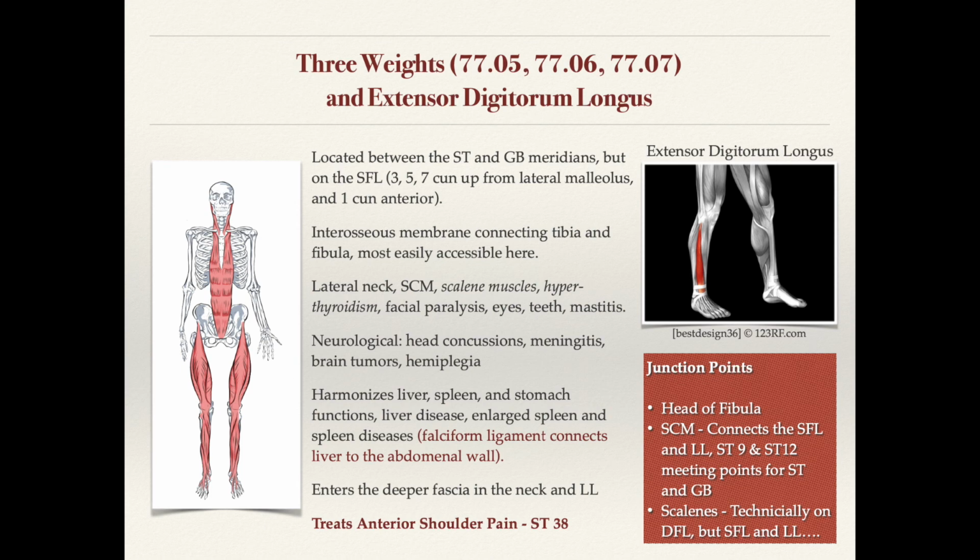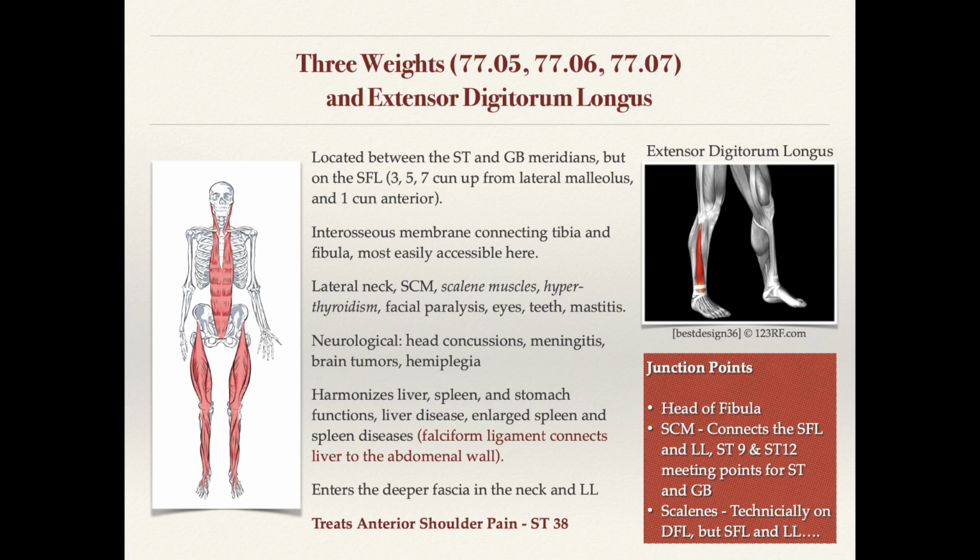And so this would provide a structural basis for why these points can influence the liver function, because when we release the tension from these points, then that's going to get translated through this fascial line and up into the abdominal area, and then it can potentially send mechanical signals from the abdomen through the falciform ligament and affect the positioning and the structure and function of the liver both.